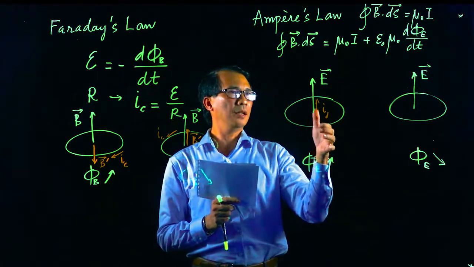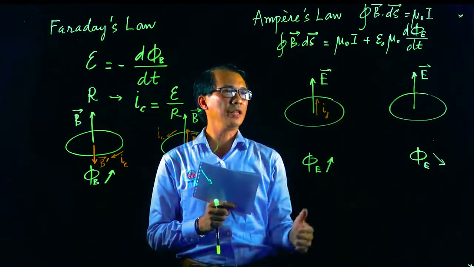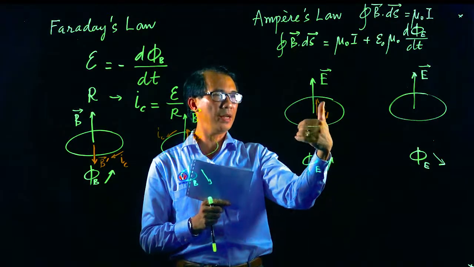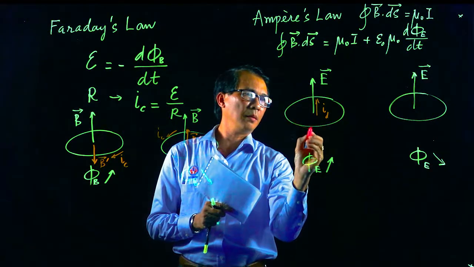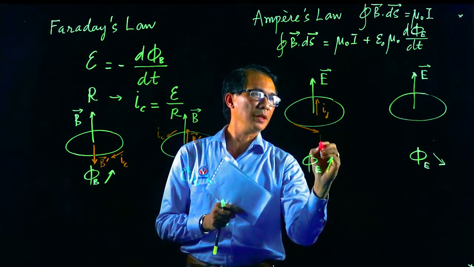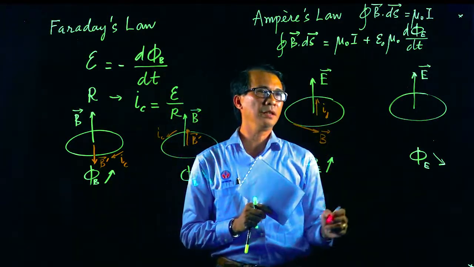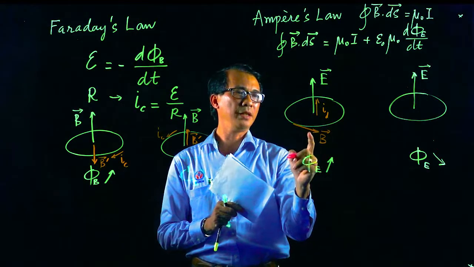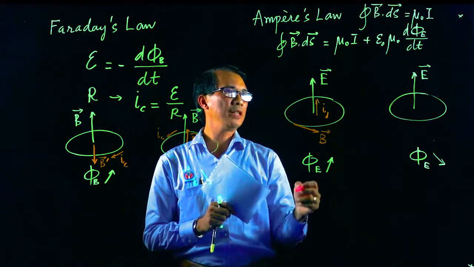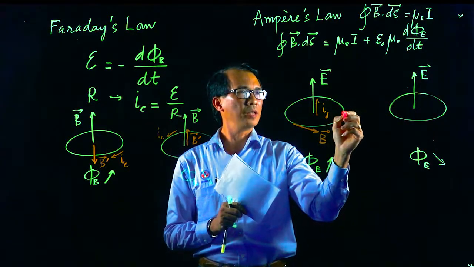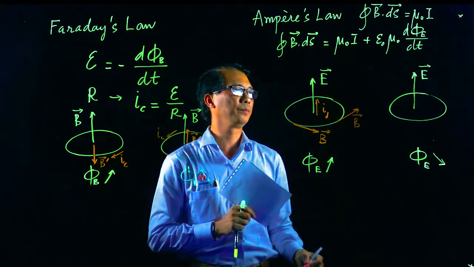Then, similar to the magnetic field created by some current, we use our right hand rule and we determine the magnetic field at this position. This is the magnetic field created by the increasing electric field. Or for example, at this point, you will have B like this one.